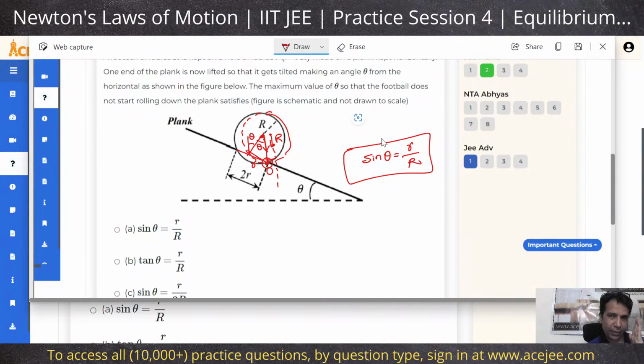That when the center of the ball is just vertically above the point of contact, that will be the limiting condition. Yes, beta?